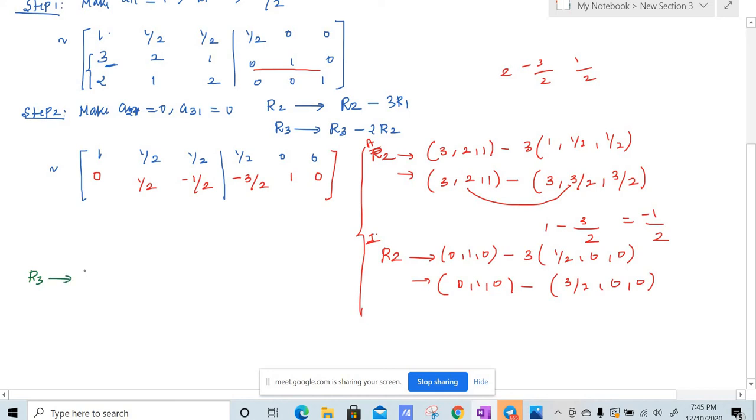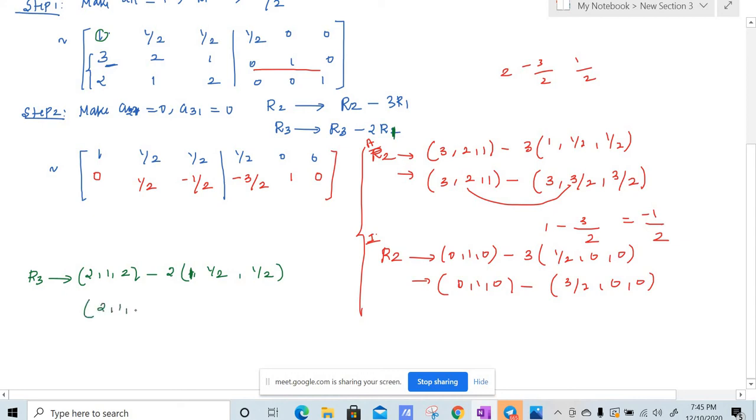So R3 is transformed to R3, 2 1 2 minus 2 times R1. Sorry, it is R1, 2 times R1. So this will be 1, 1 by 2, 1 by 2. We need to make these two elements 0 with the help of this element, so it will be R3 minus 2 times R1.